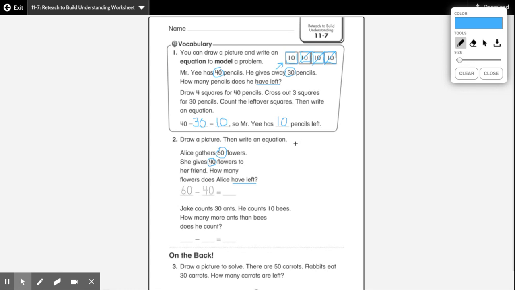So let's see. 60. Am I going to draw 60 squares? No, right? I'm going to draw 6 squares. And each square is worth 10, right? Okay.